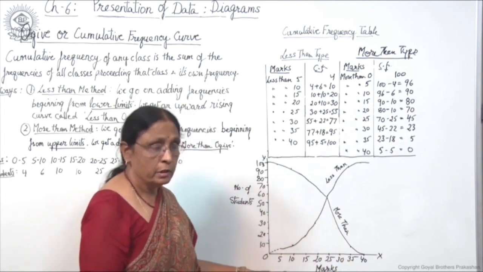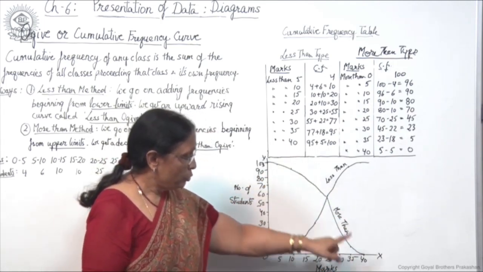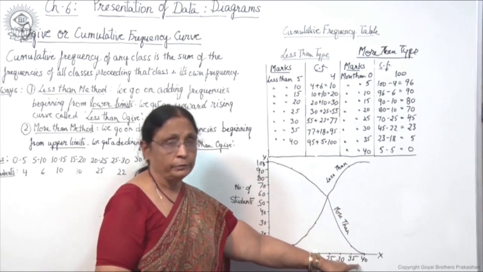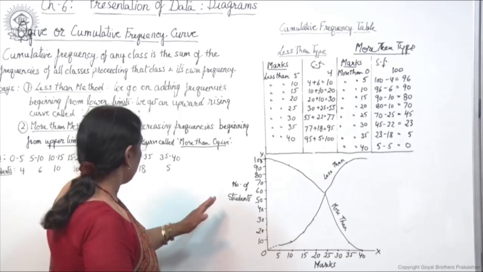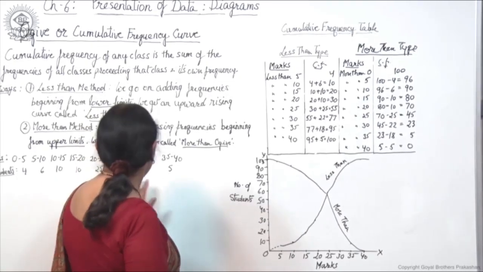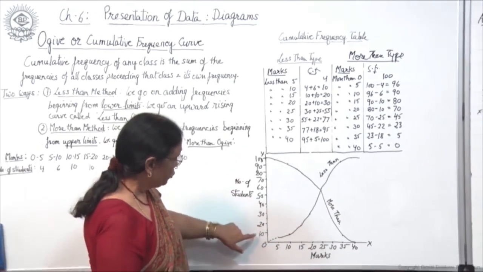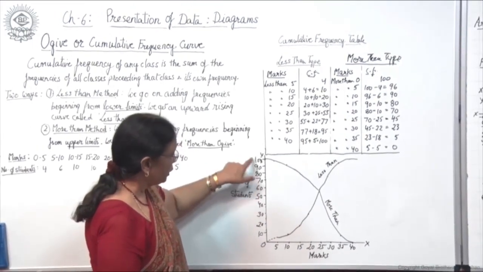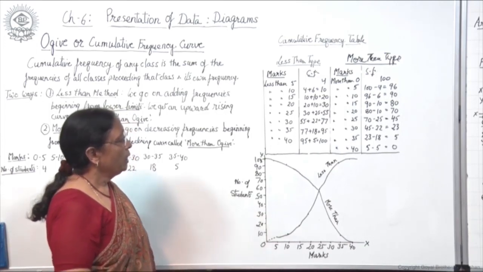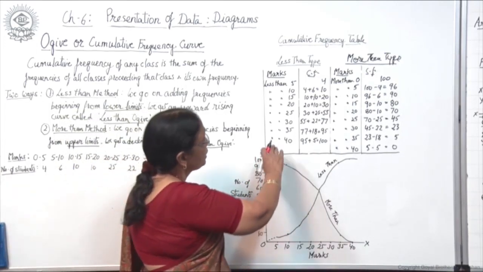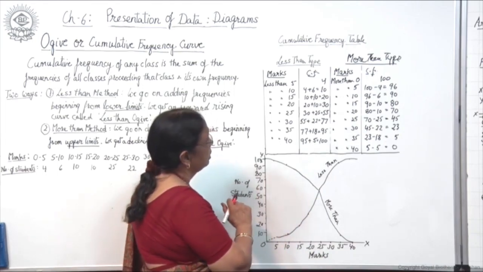Till 40 we need the data, 40 is the upper limit, so we will divide it till 40 here. On the vertical axis, the frequencies are given as percentages, so it is divided into 10, 20, 30, 40 till 100. Clear?